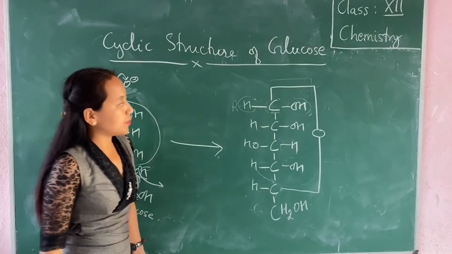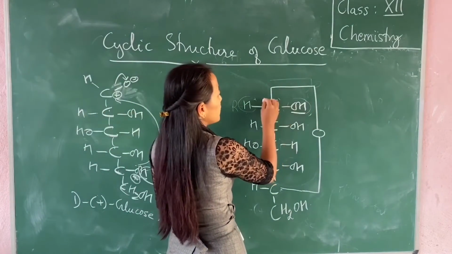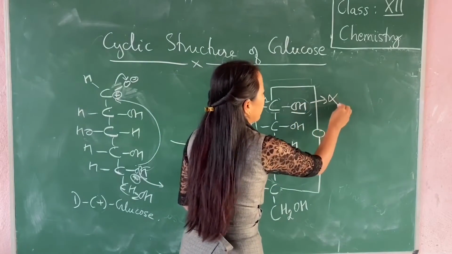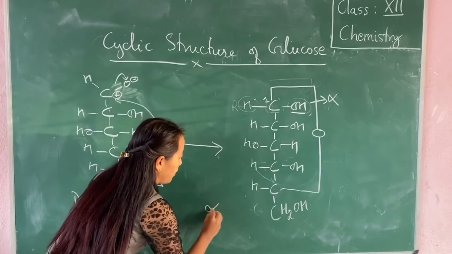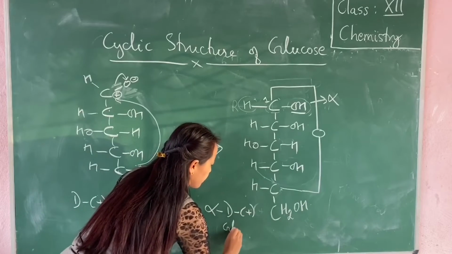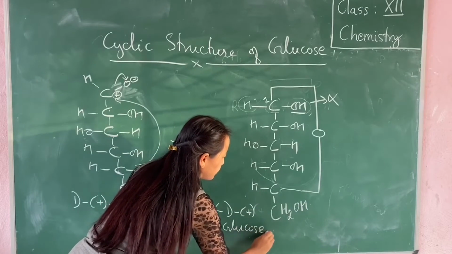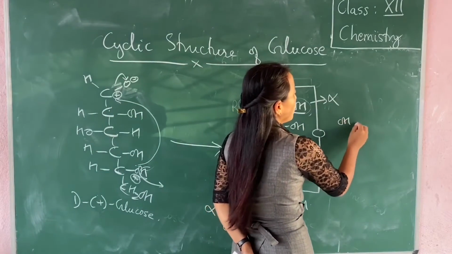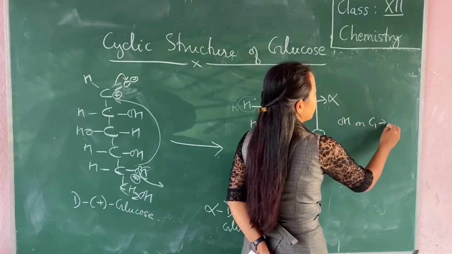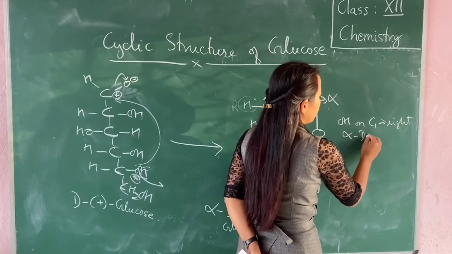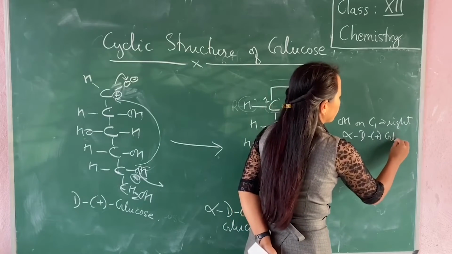Now in this case, you can see that the OH on the first carbon atom is on the right hand side, therefore this is alpha. It is called alpha D plus glucose. If OH on C1 is on the right, it is alpha D plus glucose.